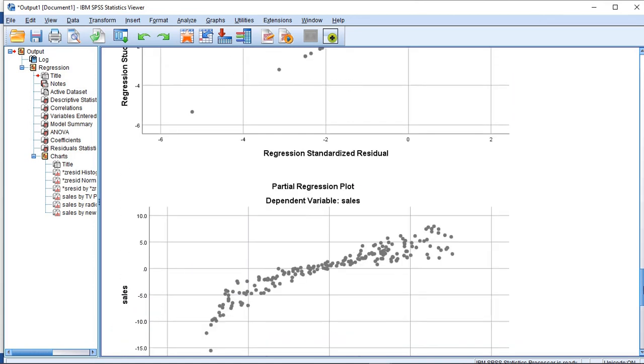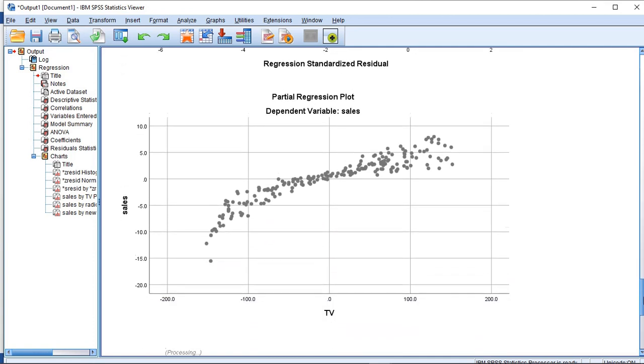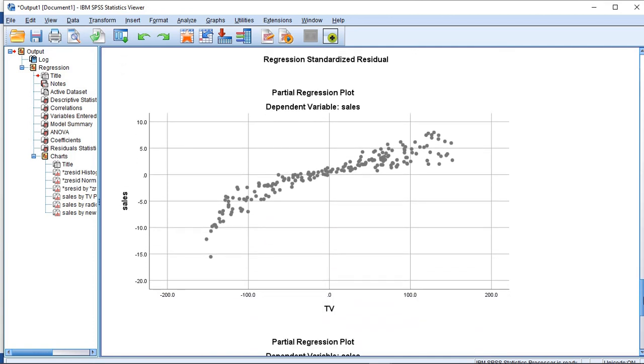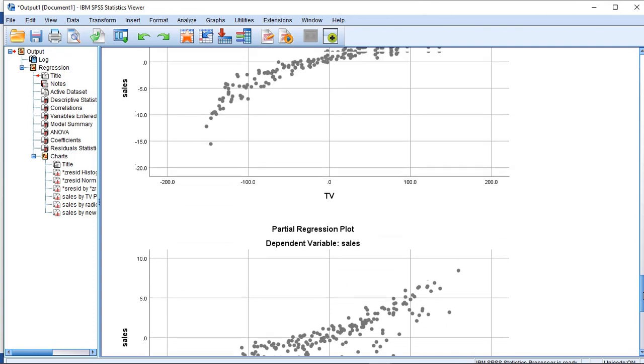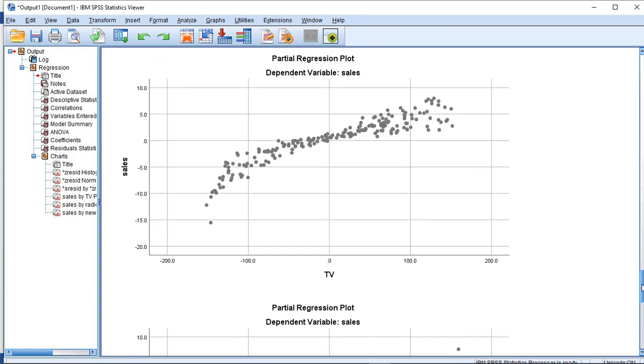We also have the scatter plot. These are the partial regression plots, where we have the relationship between sales and TV. As you can see here, we have a positive relationship.